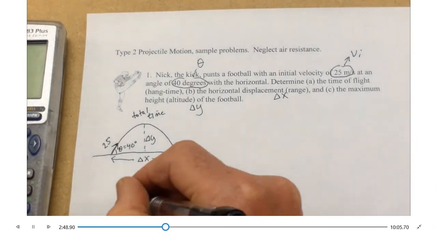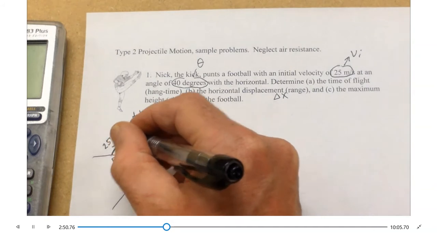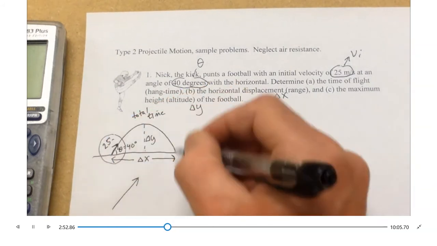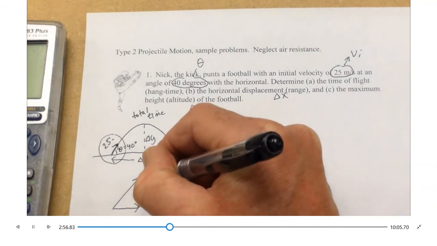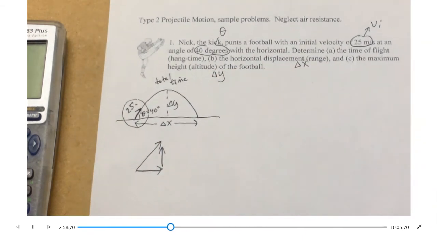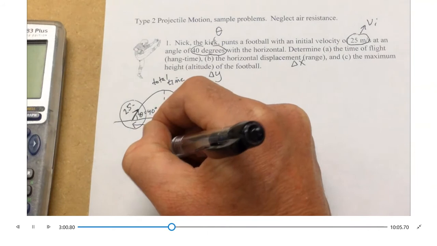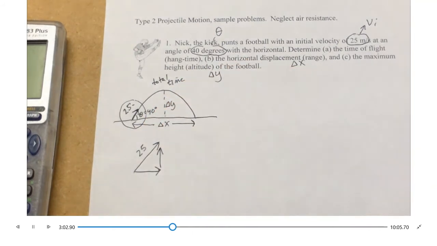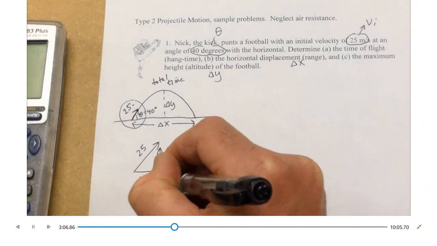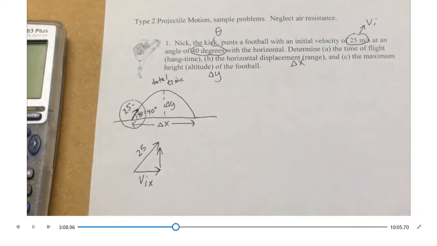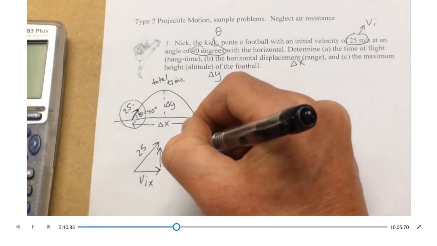Let me take this bit of the trajectory and highlight what's going on. I'm creating a right triangle, so we know the hypotenuse is 25 meters per second. This would be our initial velocity in the x direction, and this would be our initial velocity in the y direction.